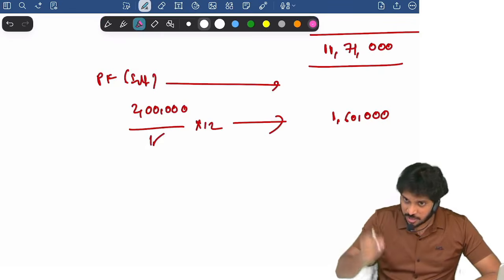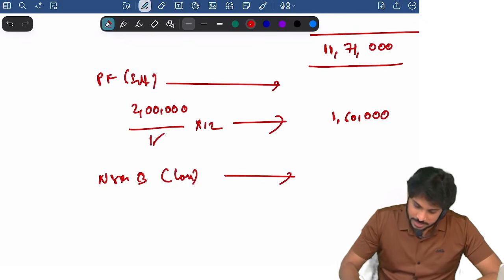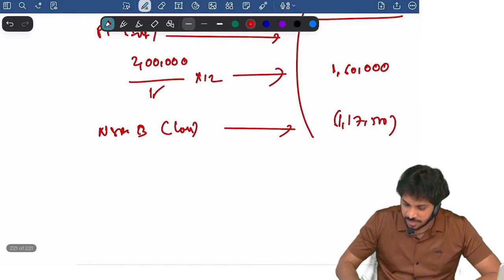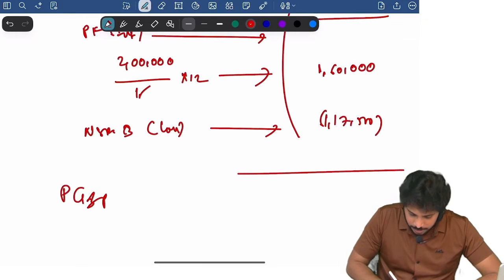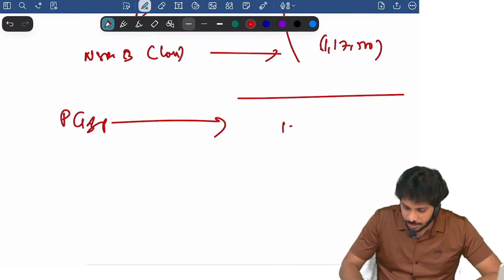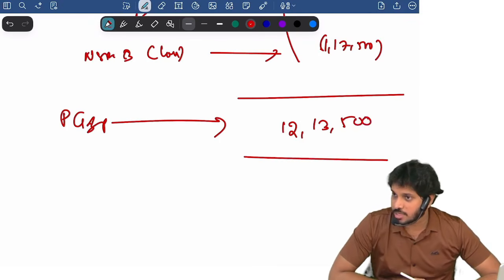That's a non-speculation business loss. How much is the loss? 1,17,000. I can happily apply set off intra-head. So what is the PGBP income? 7,71,000 plus 1,60,000 minus 1,17,000. So PGBP income is 12,13,500. That is the PGBP income.